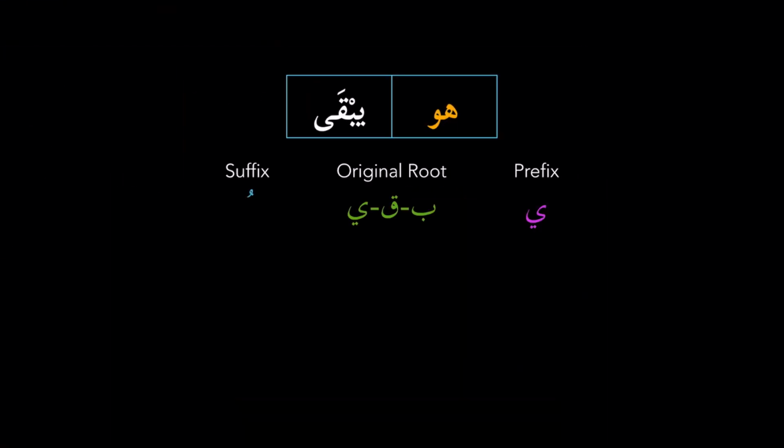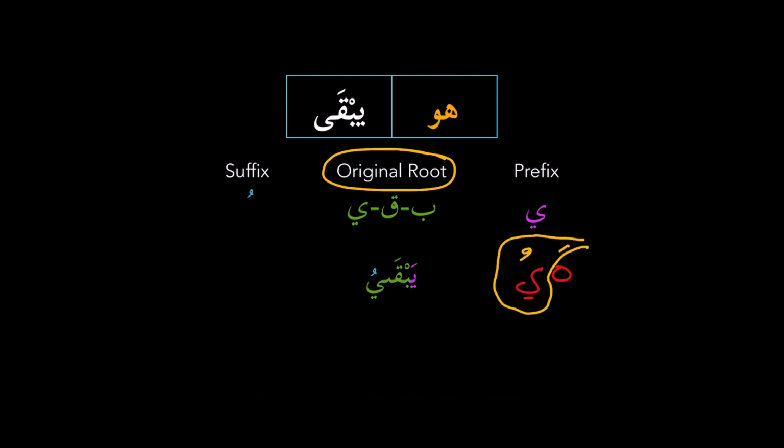Huwa yabqa. If we break this down with the original root, which is ba qaf ya, we should have gotten something like huwa yabqiyu. But this particular pattern of a letter with a final ya and then the harakat being a fatha ya dhamma leads us to the alif maqsura.